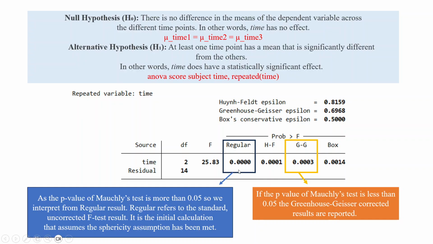I again repeat, if the Mauchly's test p-value is more than 0.05, you will have to do the interpretation from the regular uncorrected F-test results. And if the p-value of Mauchly's test is less than 0.05, we will have to go for the Greenhouse-Geisser correction factor. As the p-value of Mauchly's test in our case is more than 0.05, we interpret from the regular result.